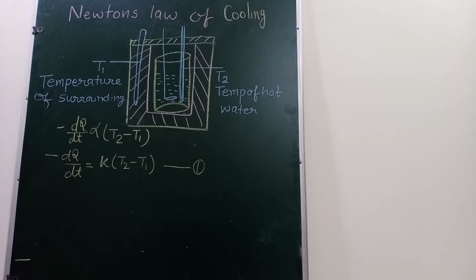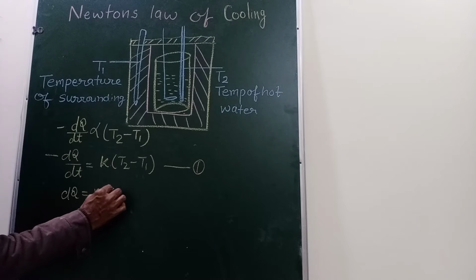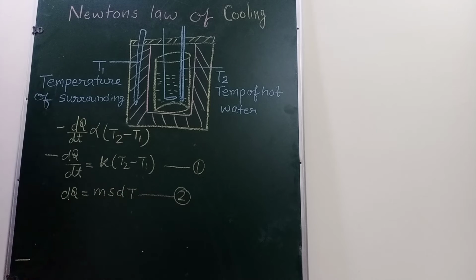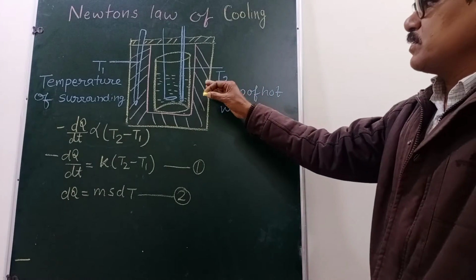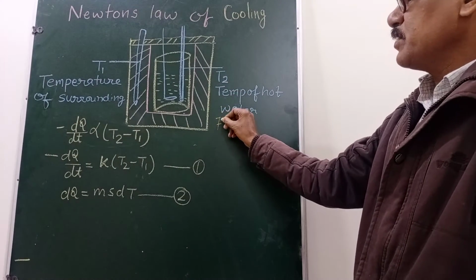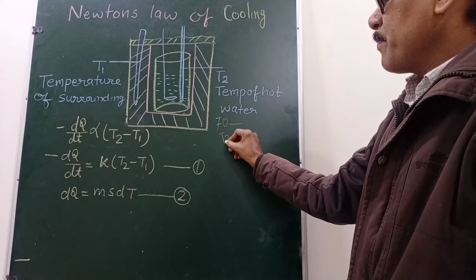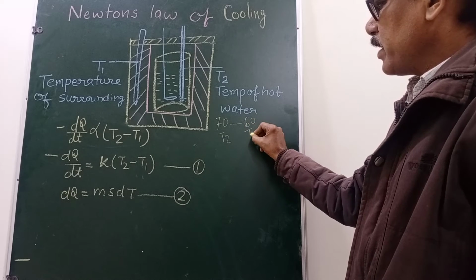Now we know the definition of specific heat, in which dQ equals m s dT, where m is the mass of the liquid, s is the specific heat, and dT is the temperature change. Suppose the initial temperature of this liquid is 70 degrees Celsius, which we write as T2, and after some time later it becomes 60 degrees, that is T2 dash.